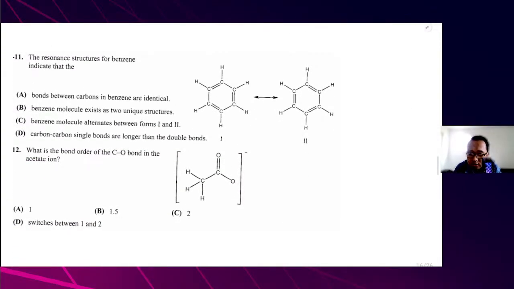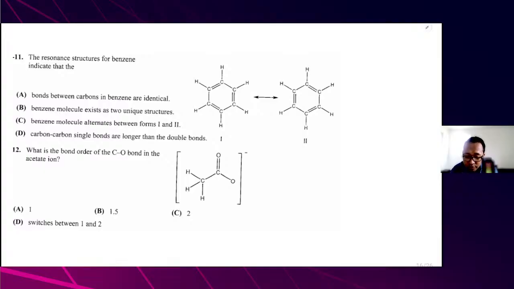The resonance structure for benzene indicates that the bonds between carbon atoms in benzene are identical. Benzene molecule exists as a unique structure. Yes, benzene molecule alternates between form 1 and 2. Yeah, that's true.